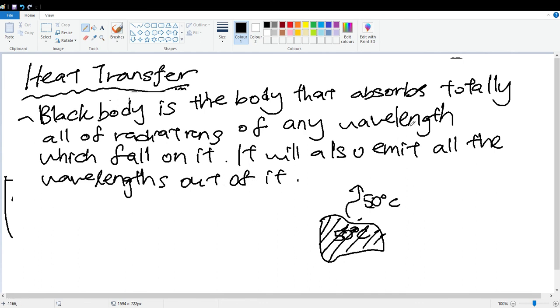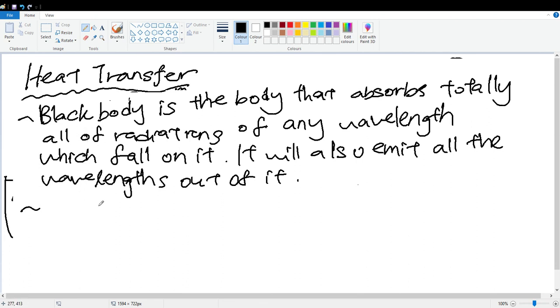Okay, so this is the black body. So what about the other bodies, besides the black body? Let's say I have a gray body.